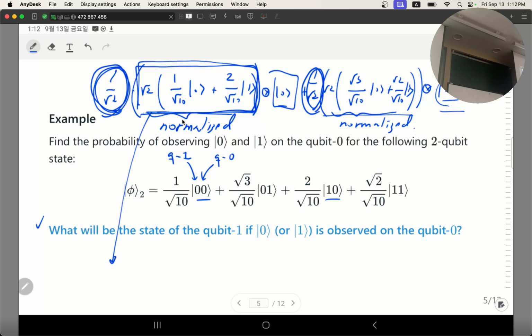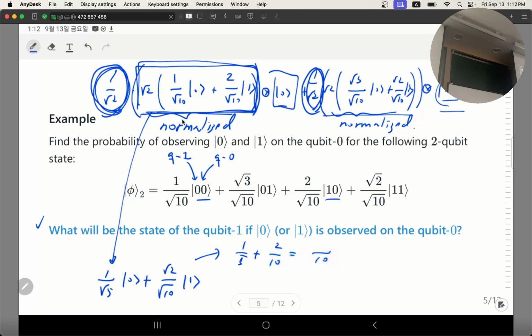So let me rewrite this. So this is 1 over square root of 5, 0 plus 10 square root of 2, right? If I take the strength of this qubit state, let's see, it's 1 over 5 plus 10, 2.